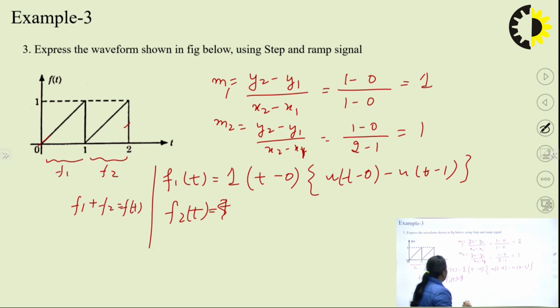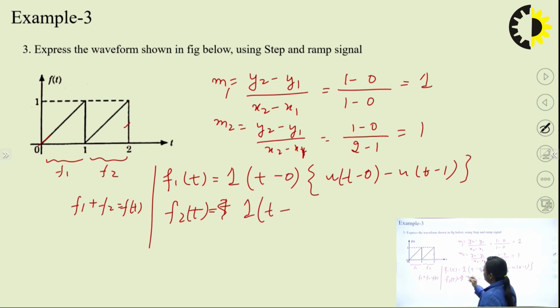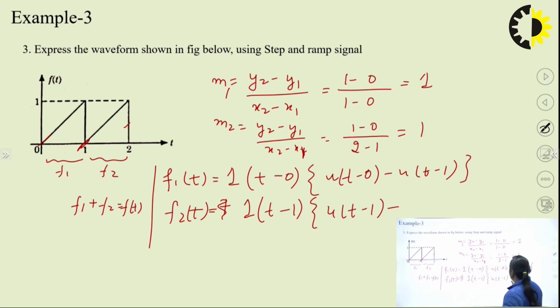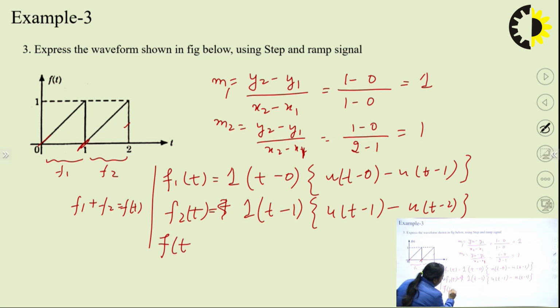Okay, so f2 will be the slope which is coming out to be 1, t minus the point the slope is cutting at, point 1, so t minus 1. In terms of gate signal, it is from 1 to 2, so I can write it u(t minus 1) minus of u(t minus 2).